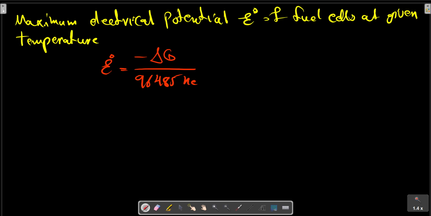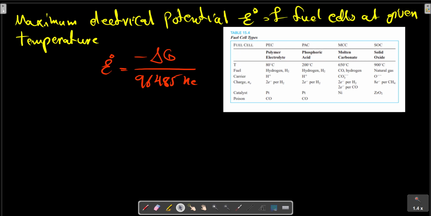The most important fuel cells are listed in the table here with their main characteristics: fuel cell, temperature, fuel, charge carrier, and catalyst, and the poison products.